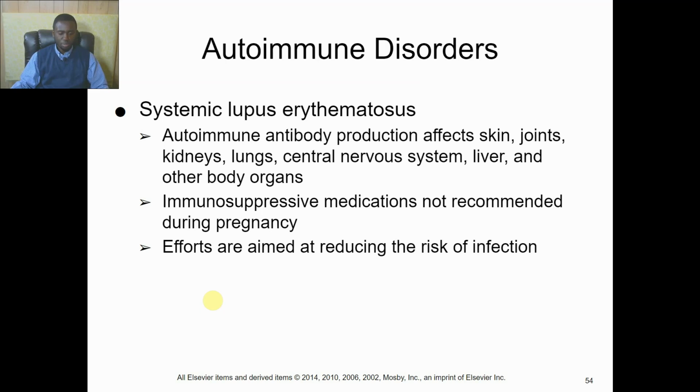Immunosuppressive medications are not recommended during pregnancy because they predispose the pregnant client to infections, and if any intrauterine infection occurs, then the pregnancy is going to be terminated or end up in a stillbirth, which will cause fetal demise, and so we don't want to use that. On the other hand, efforts are aimed at reducing the risk for infection and preventing fetal demise.